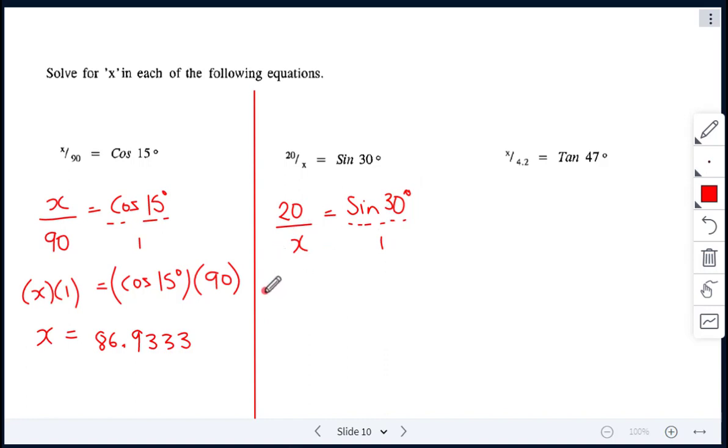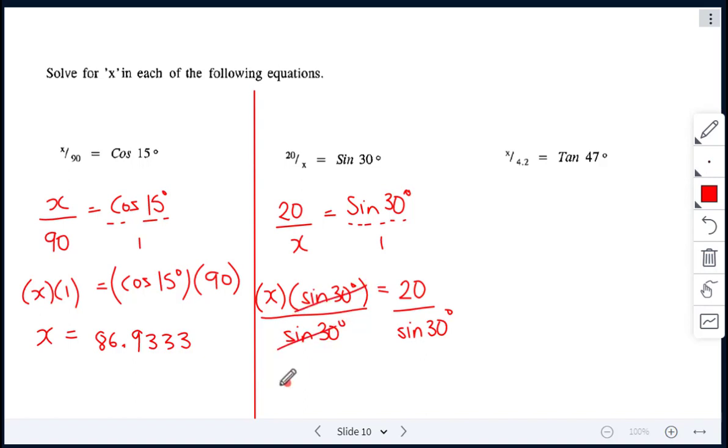So x times sine of 30 degrees is equal to 20 times 1, which is just 20. Therefore, to solve for x, we have to divide by sine 30 degrees on both sides. So x is equal to 20 divided by sine of 30 degrees.